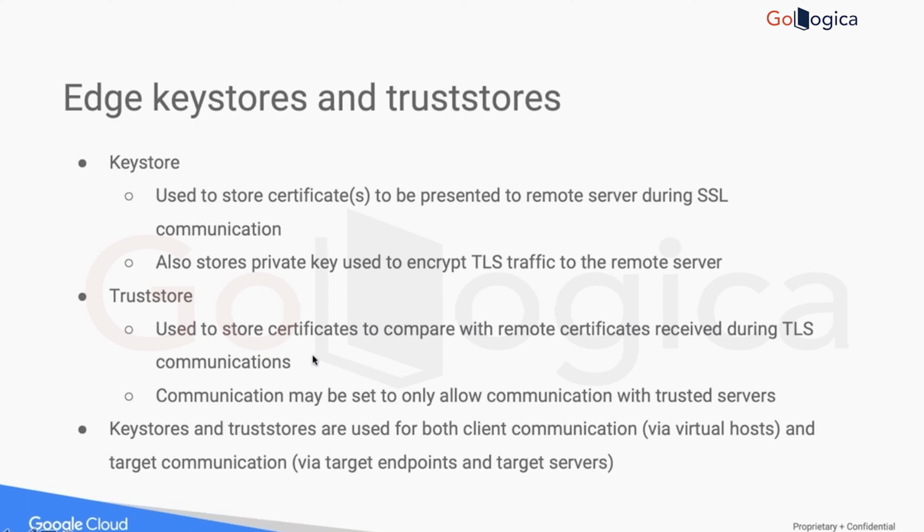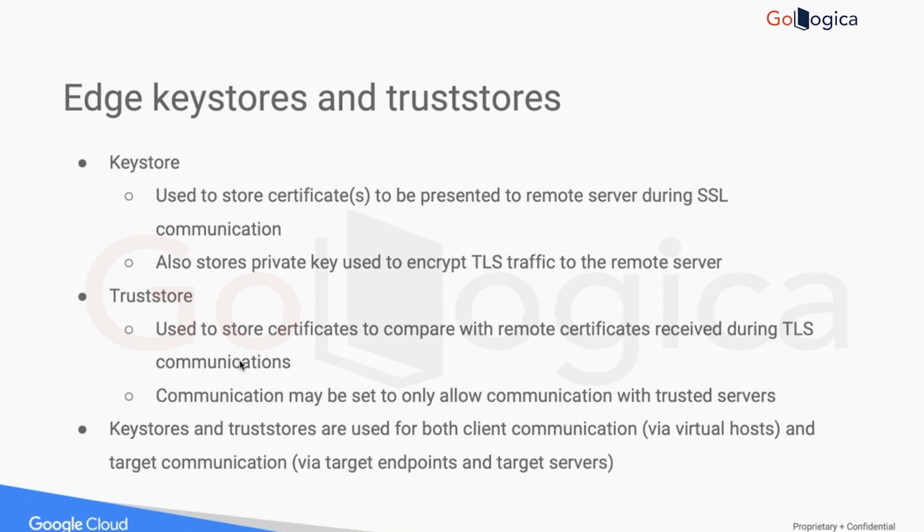So backend certificates are stored in the trust store. APG's certificates are all stored in the key store, and the target certificate, which APG has to trust, the trusted target, is stored in the trust store.